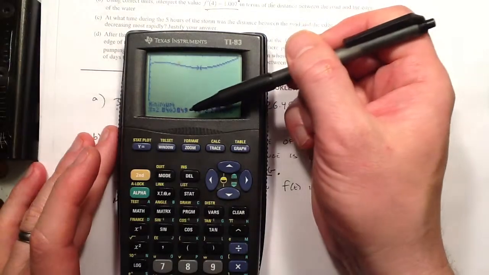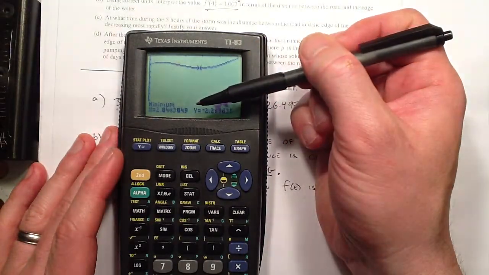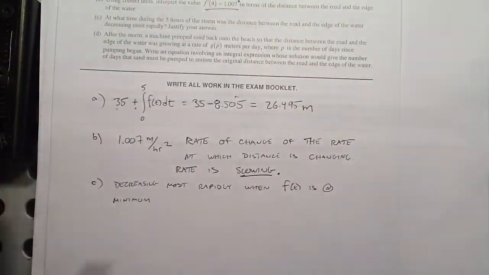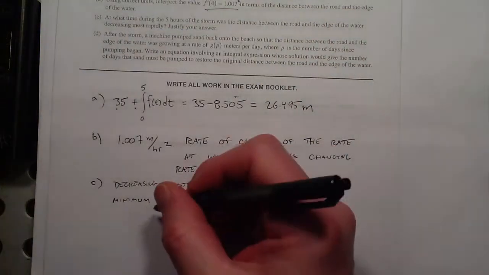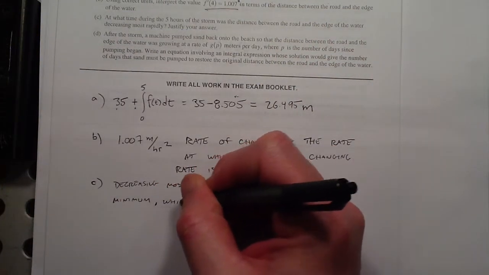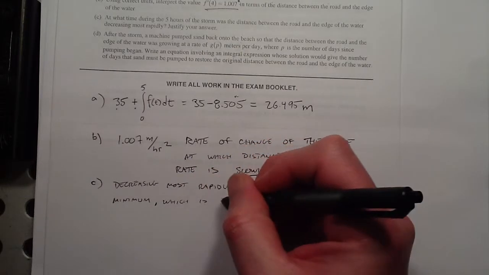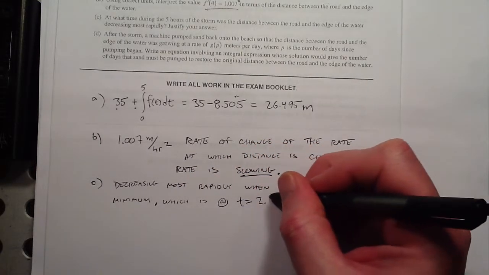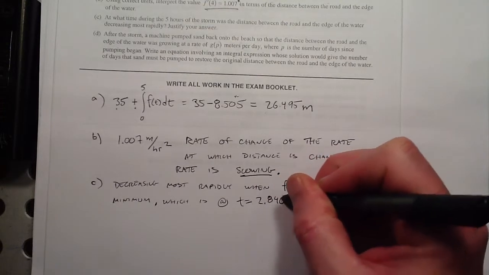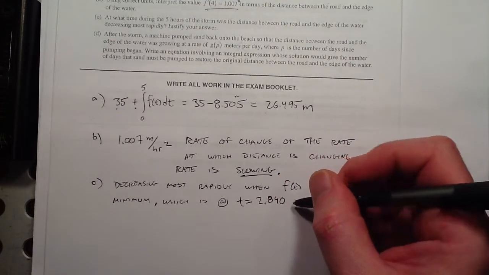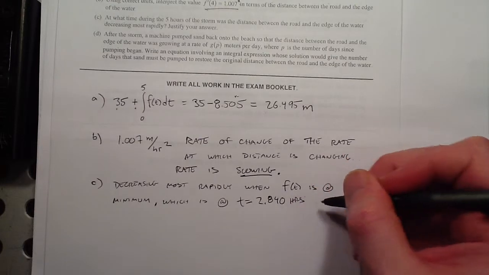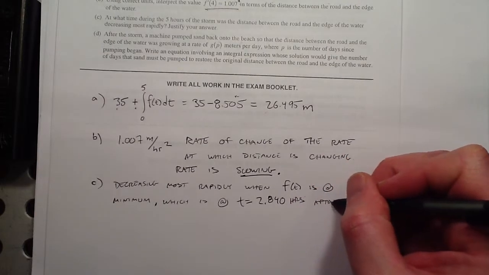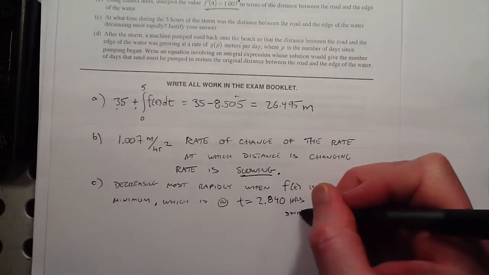So that minimum happens at time 2.840 hours after the storm began.